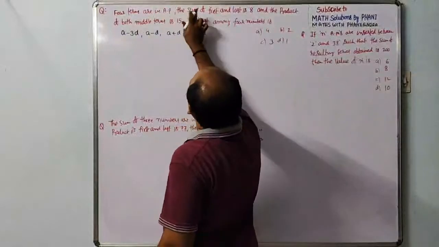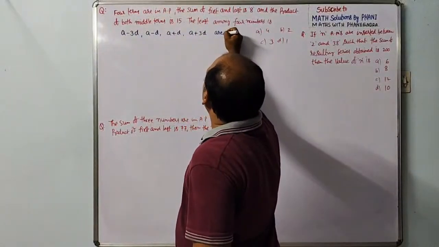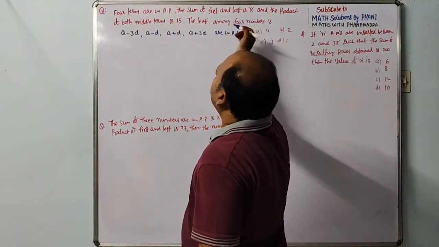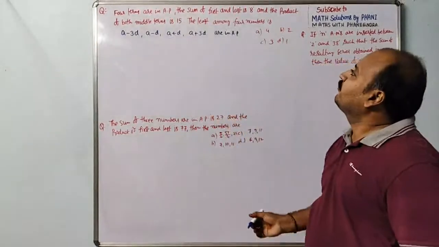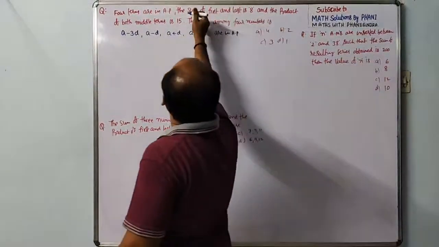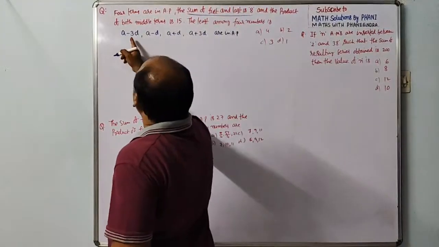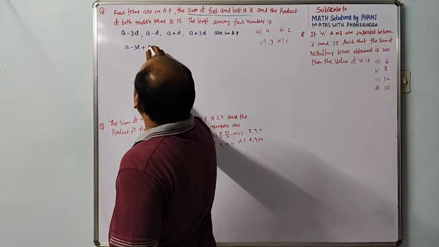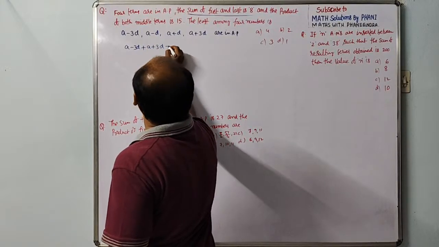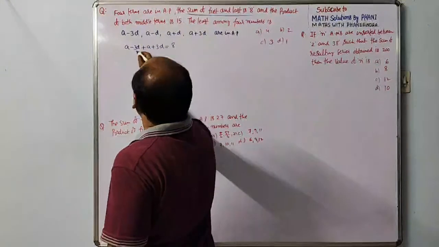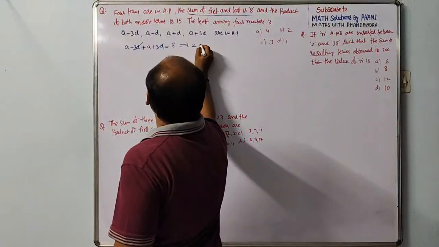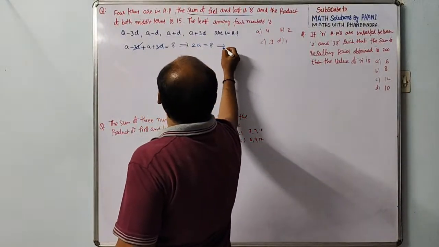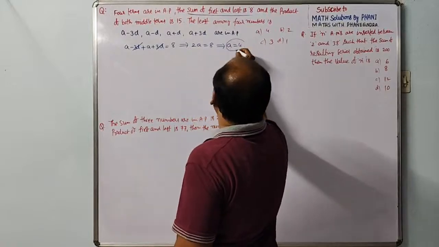Let us consider these numbers are in AP. Sum of first and last is 8: A minus 3D plus A plus 3D is equal to 8. That implies 2A equal to 8, that implies A equal to 4.